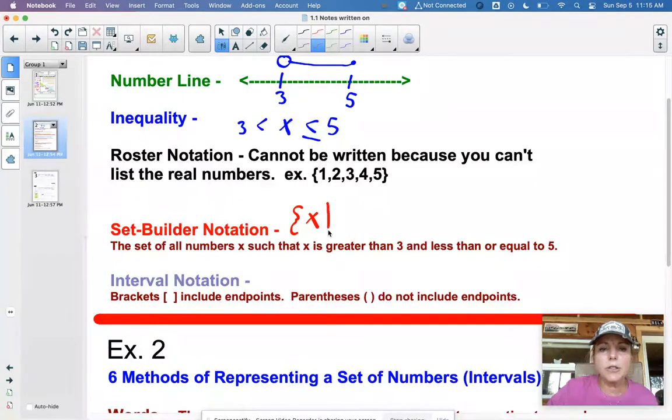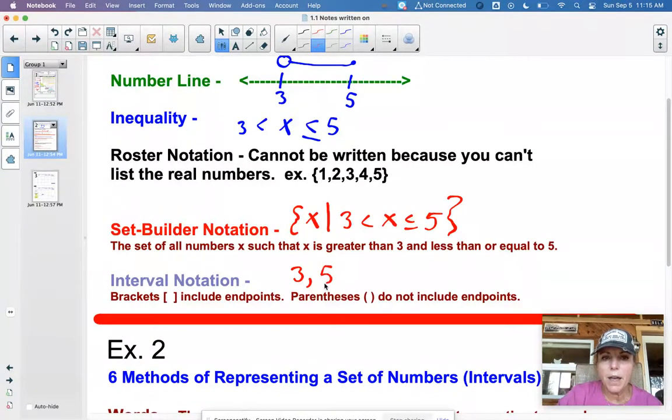All x such that, I'm just going to rewrite the inequality. And I said you didn't have to write it with, it's an element of the natural numbers. Interval notation. Well, we have a 3, a comma, a 5, a parenthesis, a bracket. We're not including the 3. We are including the 5.